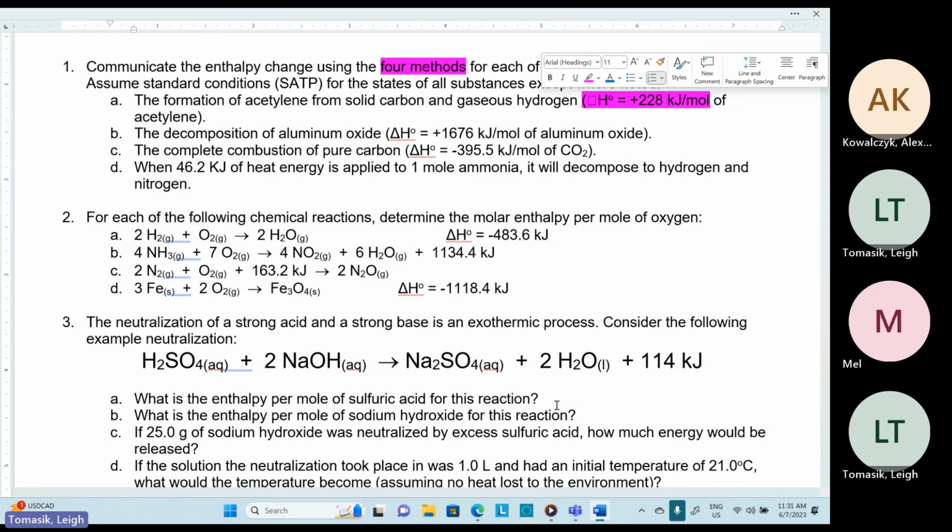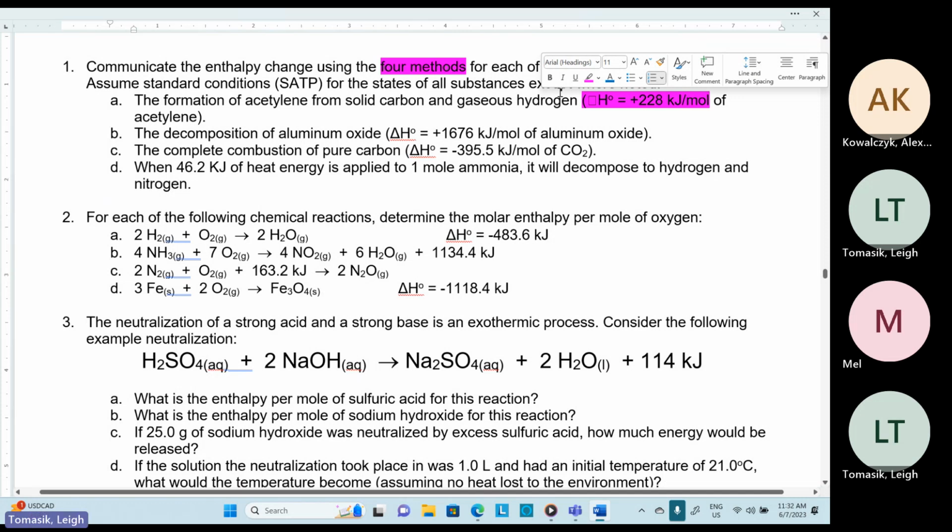Acetylene is another word for, I believe, let me just make sure, because it's one of those old terms. Yeah, acetylene is ethine, right? So the formation of ethine from solid carbon and gaseous hydrogen.